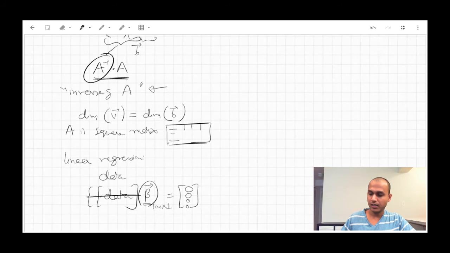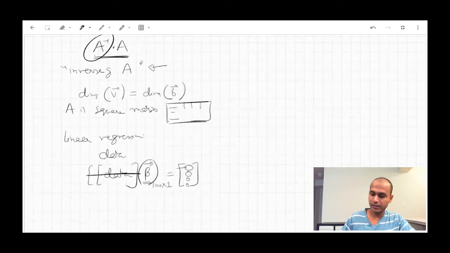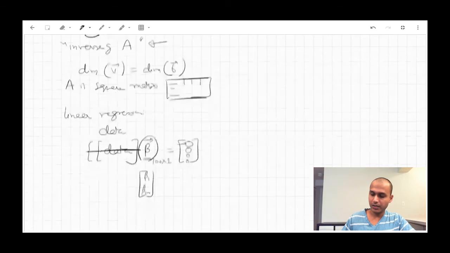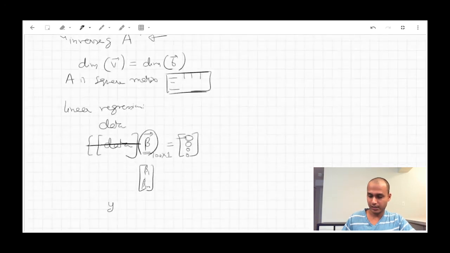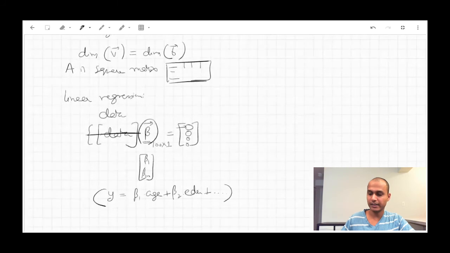We have a model, and it predicts the income. Let's say this vector is beta 1 all the way to beta 100. Then our model is that income can be predicted as beta 1 times age plus beta 2 times education plus other things. Okay, so this is what a linear model in linear regression just means.